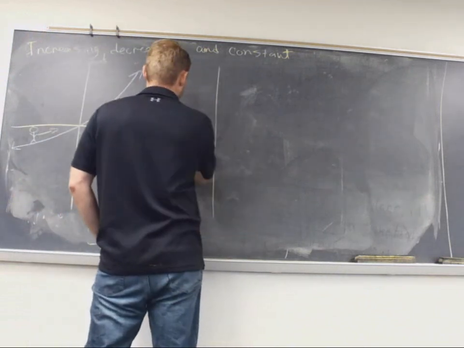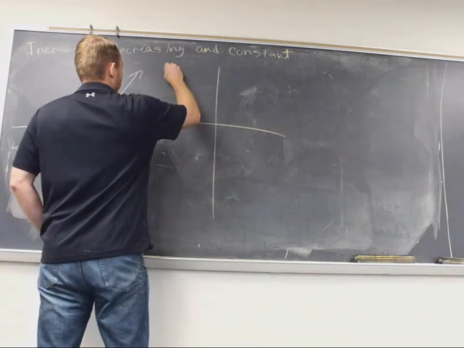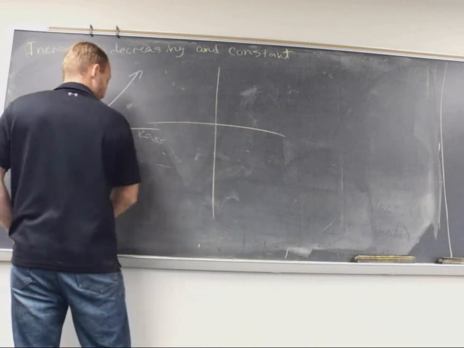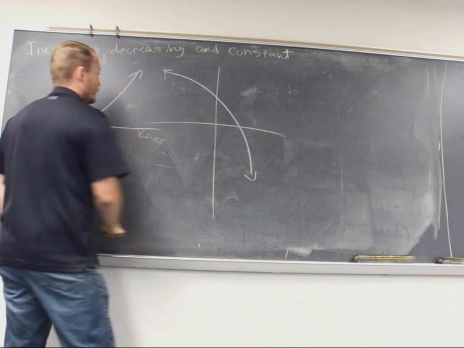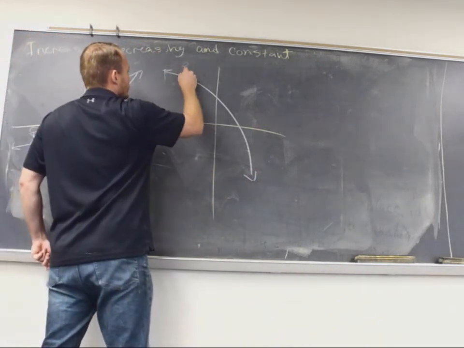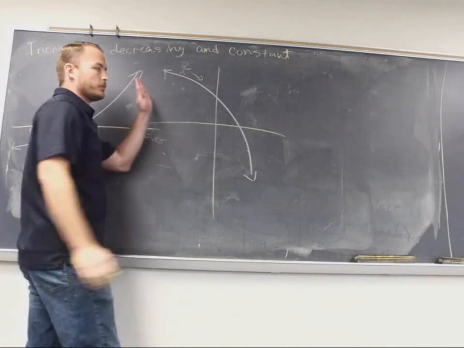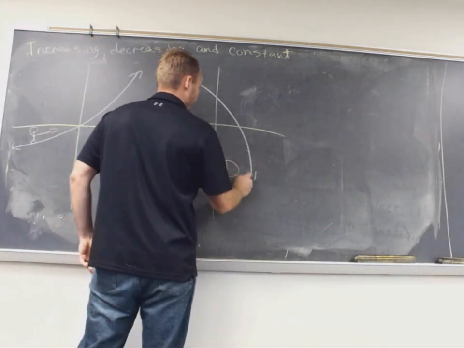All right, what about this one? You read it left to right. So as your man's walking, he goes from left to right too. He's walking downhill, or decreasing.